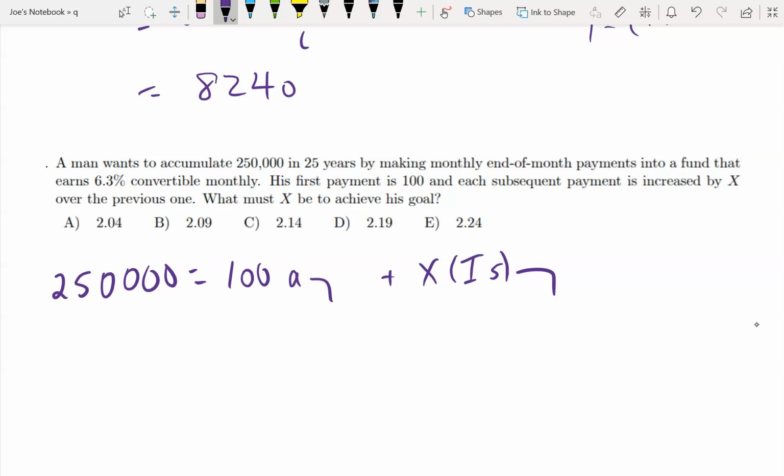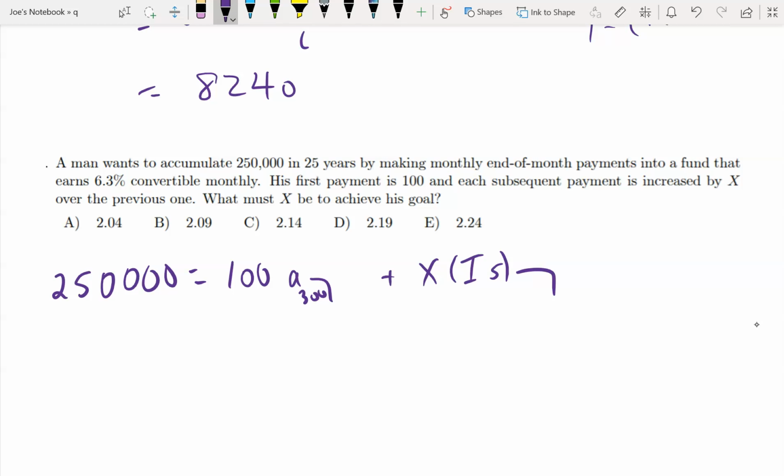I know what the level part is. It's 100. We're trying to figure out what the increasing part is. It's an X, right? How many times are we going to make the $100 payment? 300, right? Need 300 total payments for the 100?